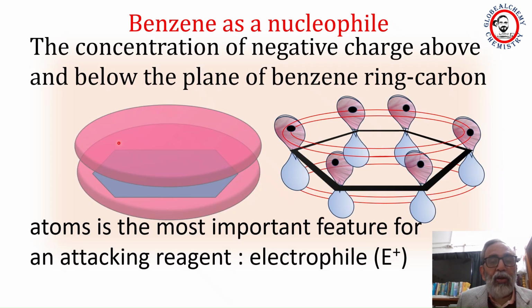The concentration of negative charge above and below the plane of benzene ring carbon atoms is the most important feature for an attacking reagent, electrophile. Electrophile can attack only on this negative charge, that is above and below the plane of the ring.